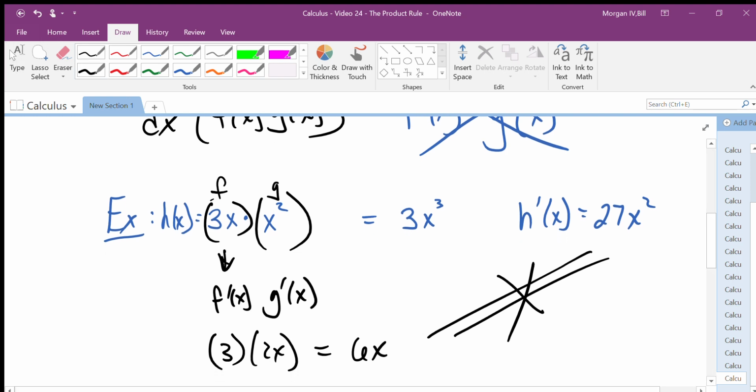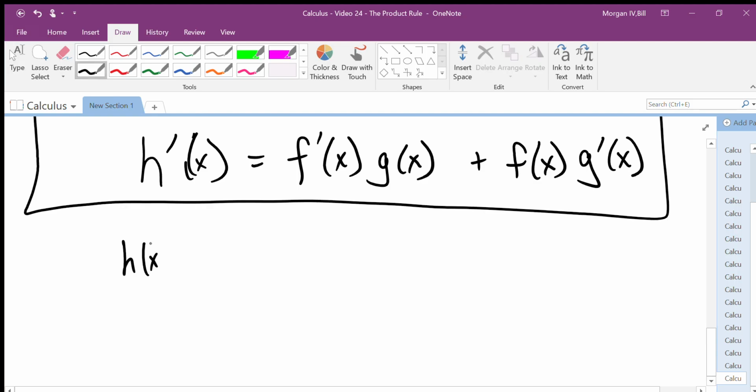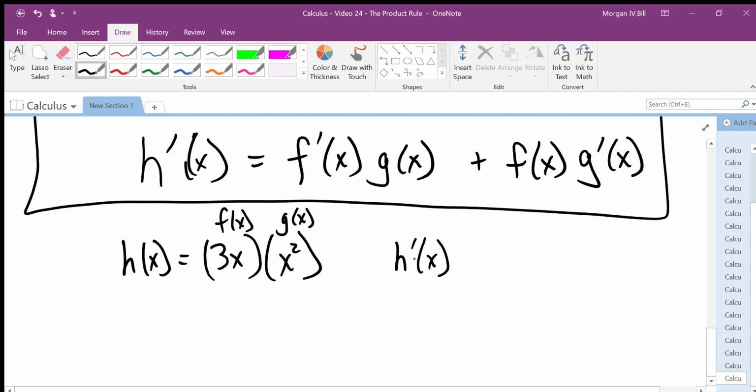So h of x equals 3x times x squared. The 3x here is acting like my f function, the x squared is acting like my g function. H prime of x then is the derivative of my first function, the derivative of 3x is 3, but not times g prime, but just times g itself, x squared. We leave g all alone.